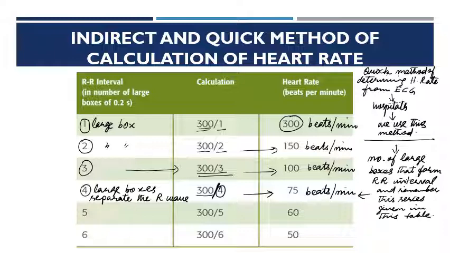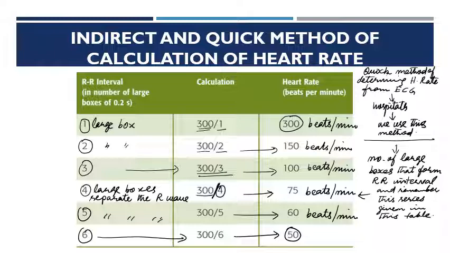If 5 large boxes separate the R waves, then the heart rate will be 60 beats per minute. If 6 boxes separate the R waves, then the heart rate will be 50 beats per minute.